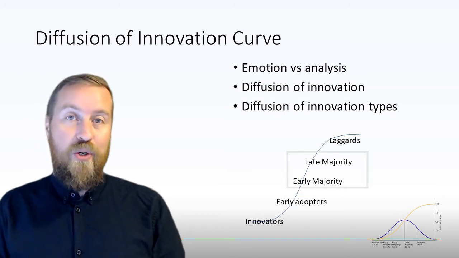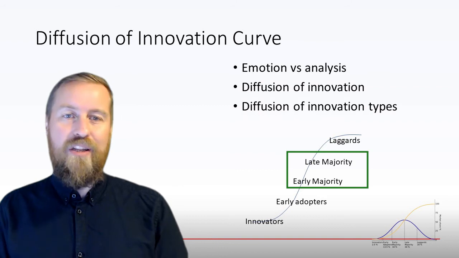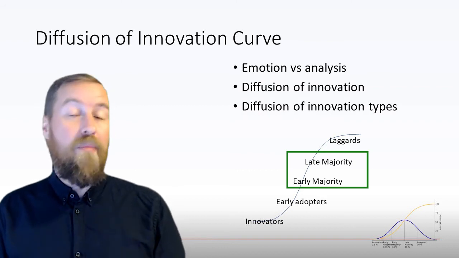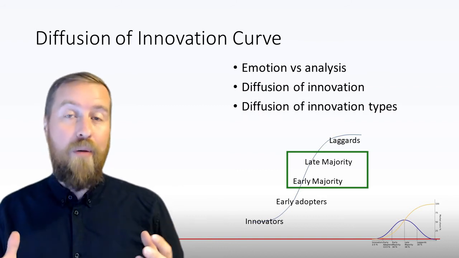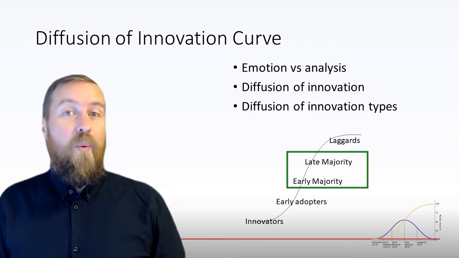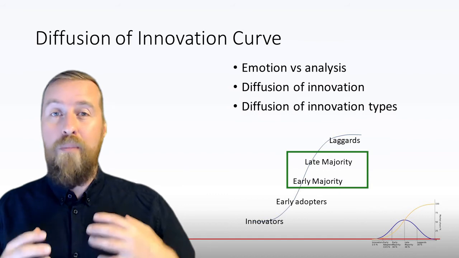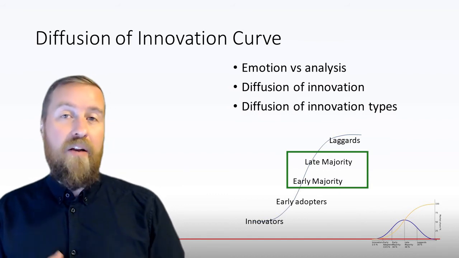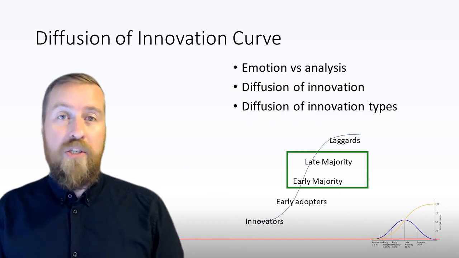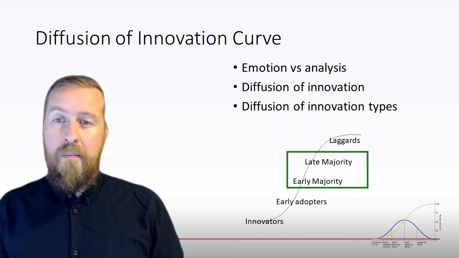Whereas the early majority, and to a large extent the late majority, both of them 34% of the total population, are the ones who really make the difference. They are the ones who popularize the innovation, moves it from buzzword to an actual thing.